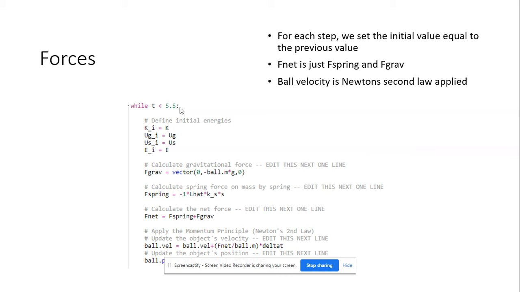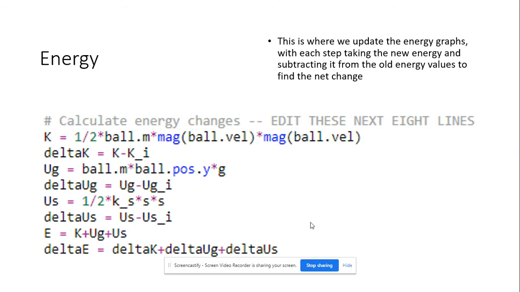Our F net is the sum of both of these. Our ball velocity is updated using Newton's second law, and it is simply the velocity plus the F net divided by the mass times the change in time. And then the ball position is updated every run with the velocity times time.